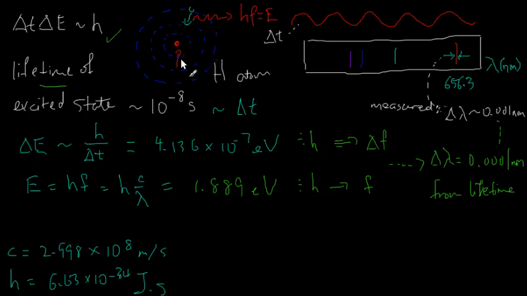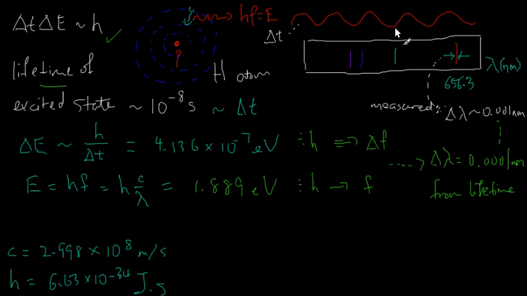In a heated hydrogen gas, or hydrogen gas bombarded by a beam of electrons, as it produces these colors, these frequencies, one of the things is that these hydrogen atoms in the gas would obviously not be at rest. They would be moving around, bouncing around. Especially if they get hotter, they would move around quite fast. Now, this motion has an effect on the wavelength.